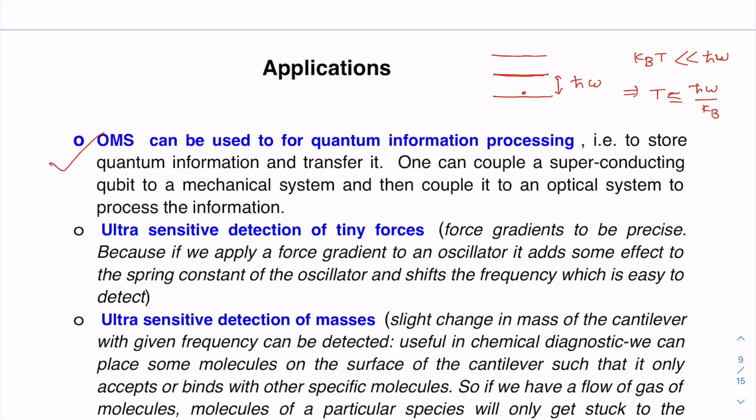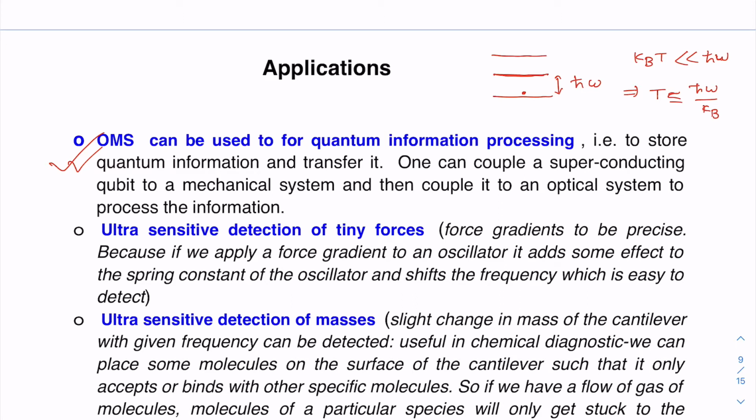So we need to look for some clever methods to cool this mechanical system. In fact, this is going to be one of the topics in this course when we discuss optomechanics: how to cool a mechanical oscillator to its ground state.